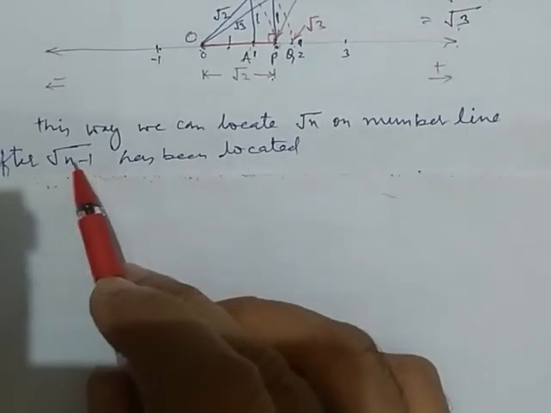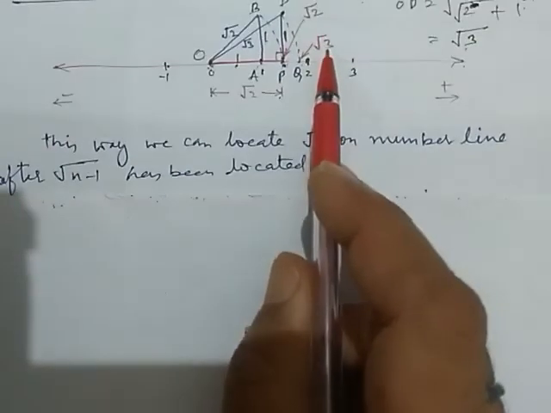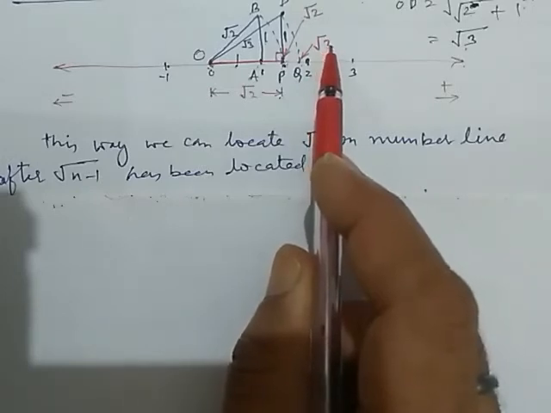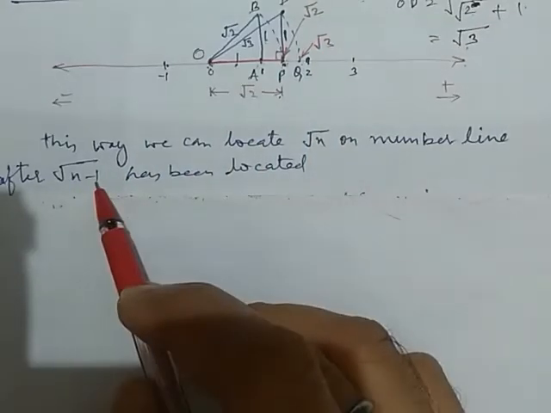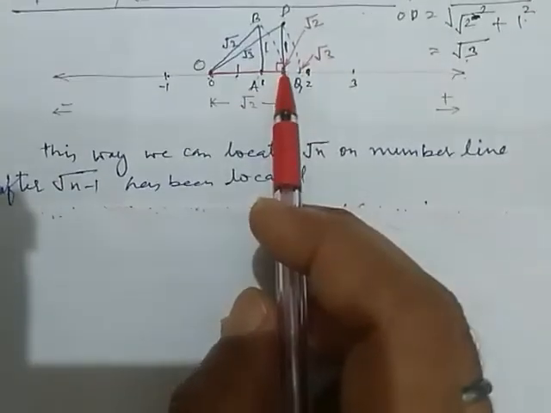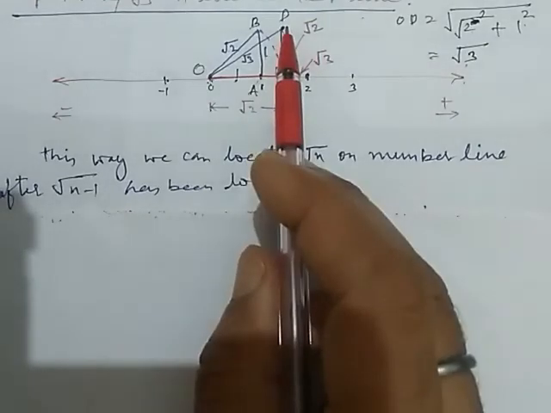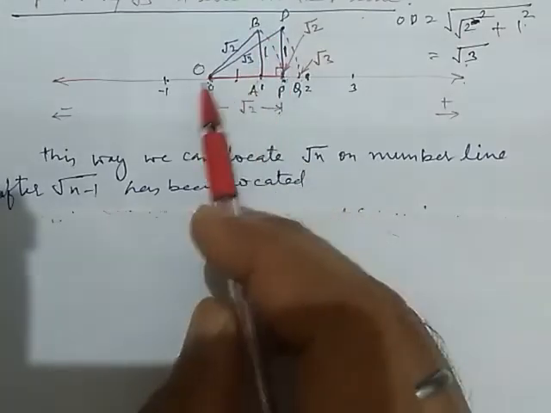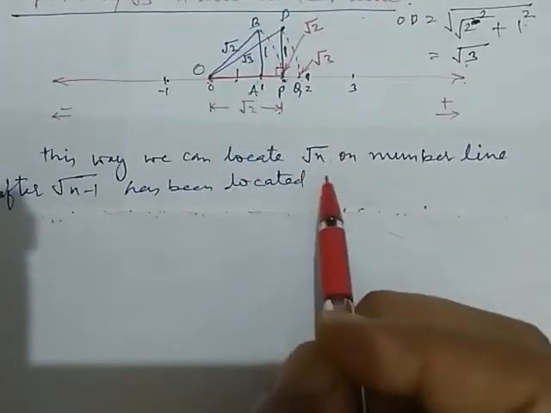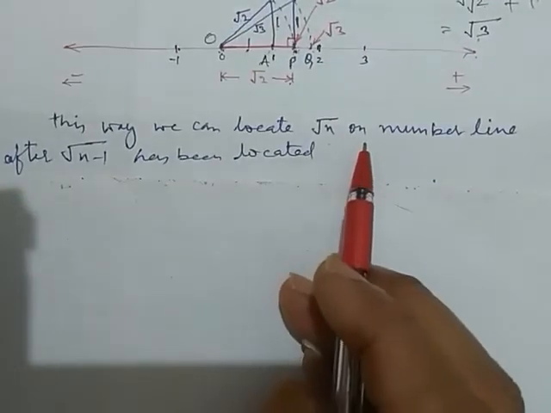First we represent root n minus 1. That is, if we want to draw root 3, root n equals root 3, so first we draw root n minus 1. Here n equals 3, 3 minus 1 is 2, so root 2. First we represent root 2, then put one more unit here as a perpendicular. So this diagonal is root n, that is root 3. So this way root n can also be represented on the number line.